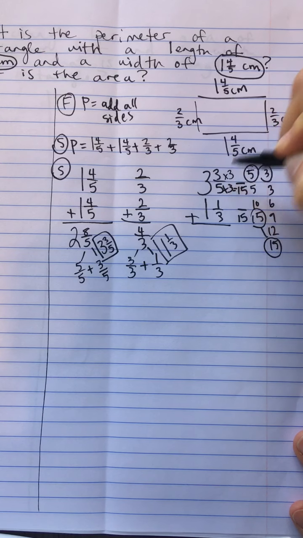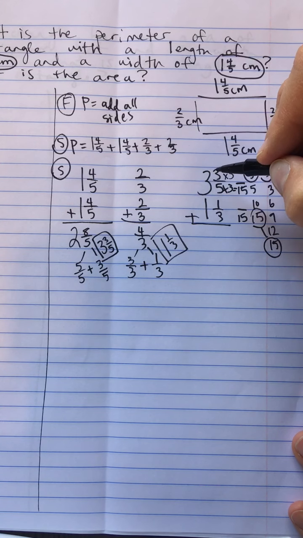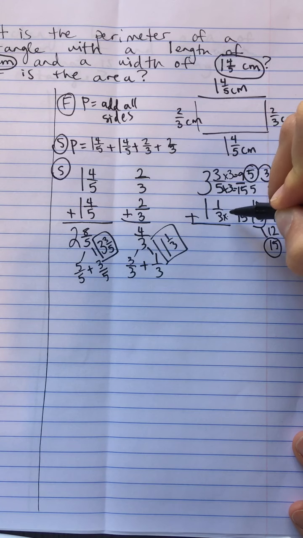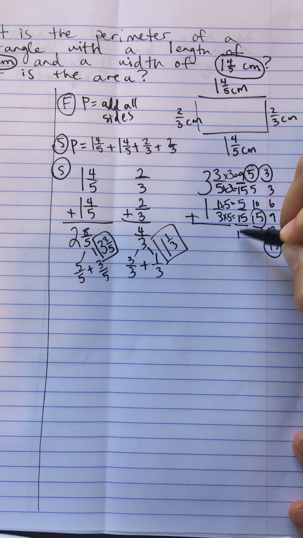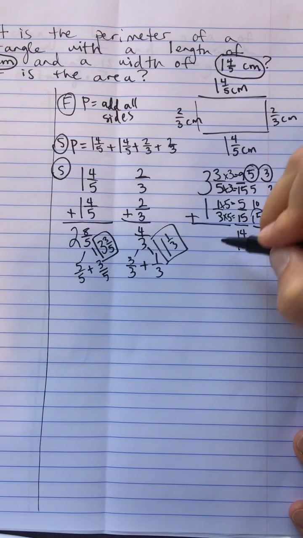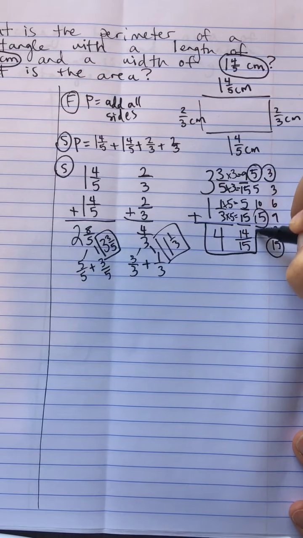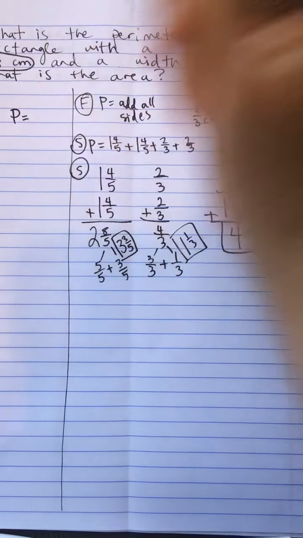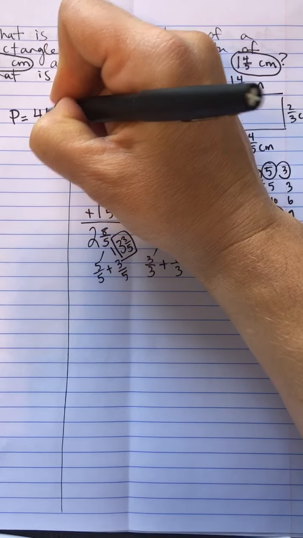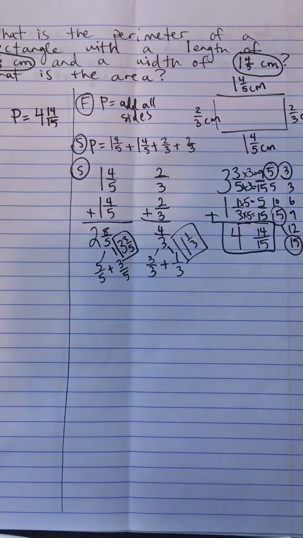So I'll multiply my numerator by 3 because fractions are always fair. 3 times 3 is 9. And then 3 times what equals 15? 3 times 5. Fractions are always fair, so I'll multiply my numerator by 5. 9 plus 5 equals 14. My denominator stays the same, 14/15. And then 3 plus 1 equals 4. So my perimeter of this rectangle is equal to 4 14/15 centimeters.